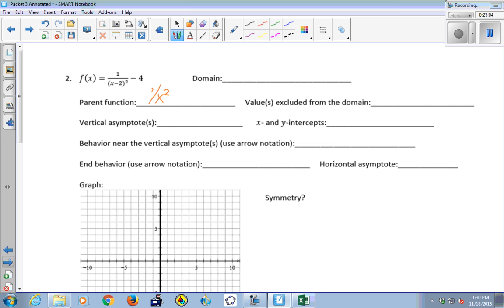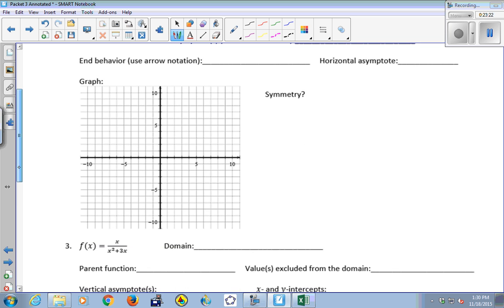Two to the right and down 4. Shift to the right, down 4. So that means I can just draw it right now without answering all these questions. I'm going to leave the questions for you to do when you come back.